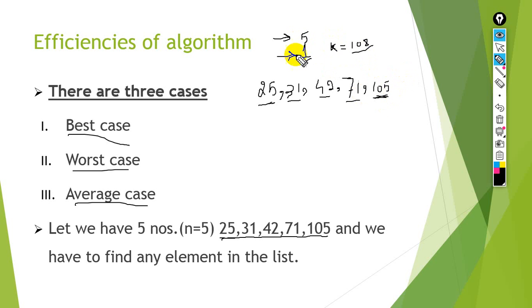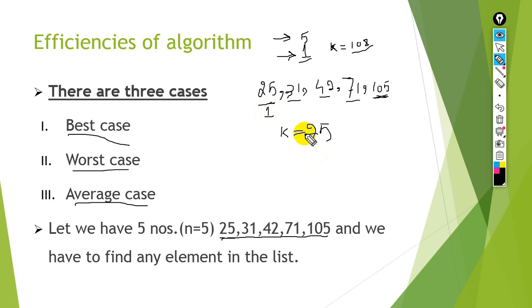Now what is the best case? If we want to find k equal to 25, we search for 25 here. The first comparison finds 25. It is not comparing the second item.